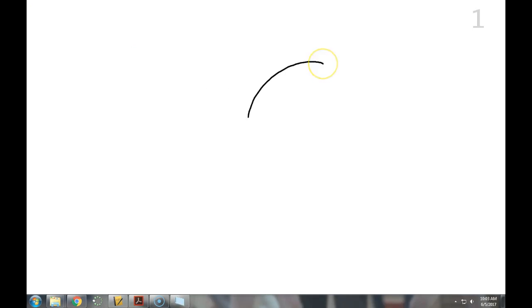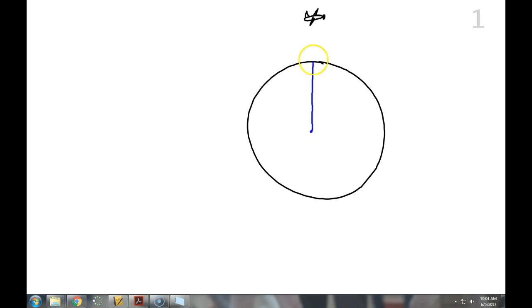So we got our Earth, big old Earth, and you're flying up here in an airplane. And you are exactly, here's the radius, and here's the distance you are above the Earth. That distance up there, maybe I'll put it in a different color. This distance above the Earth is 5.5 miles.